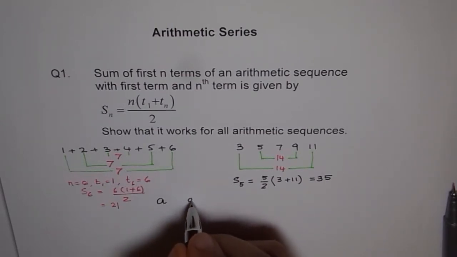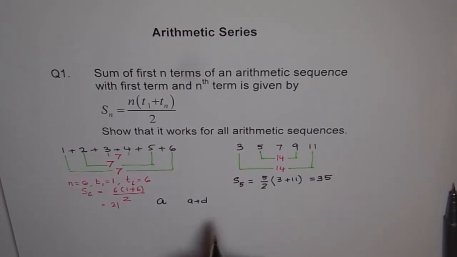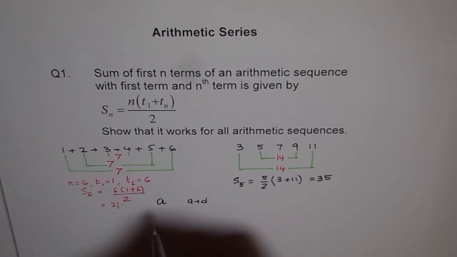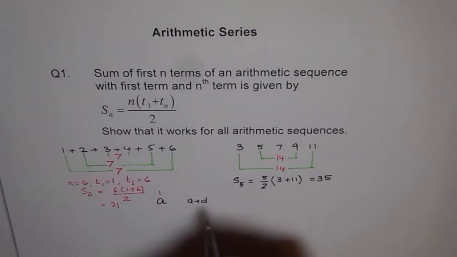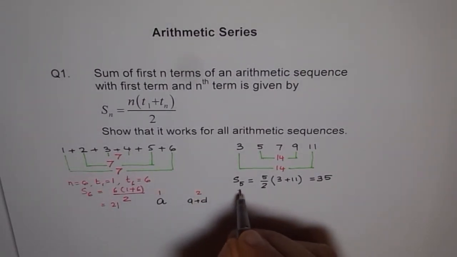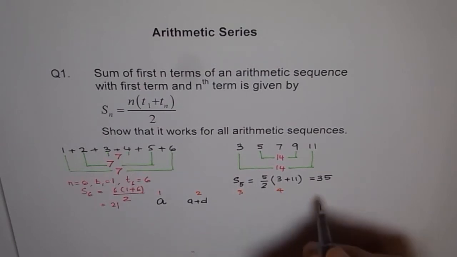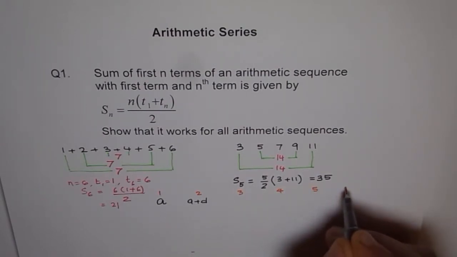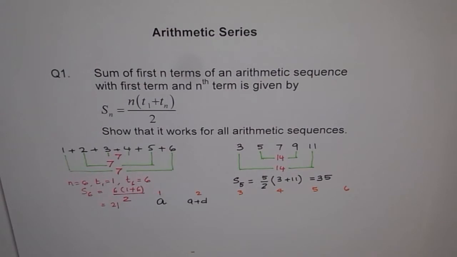Let's say the common difference is D. Then the next term will be A plus D. Let me write my term numbers: this is term number 1, this is term number 2, and here I'll write term numbers 3, 4, 5, and let's say 6.